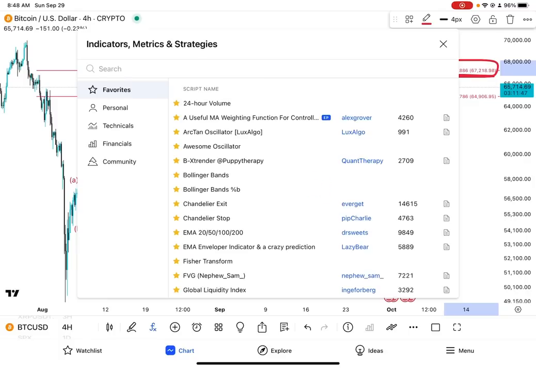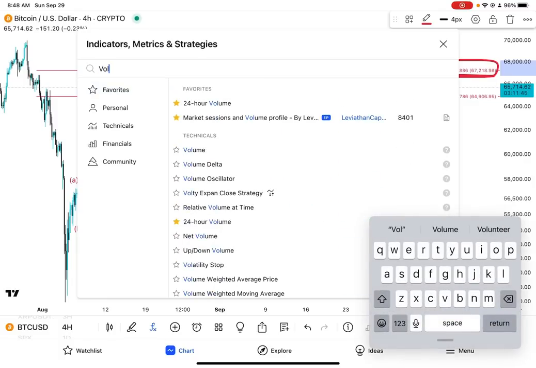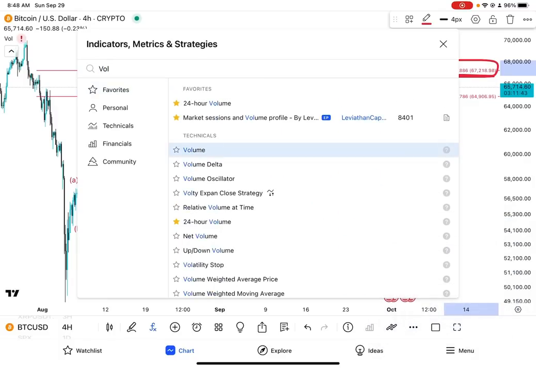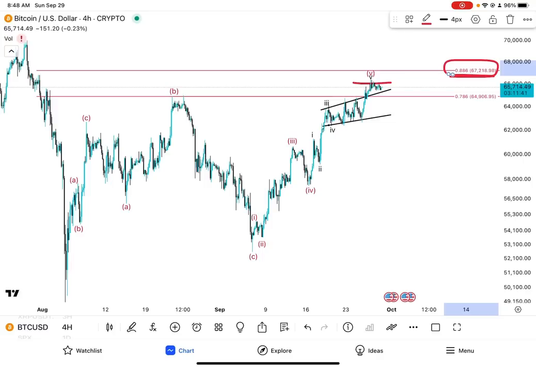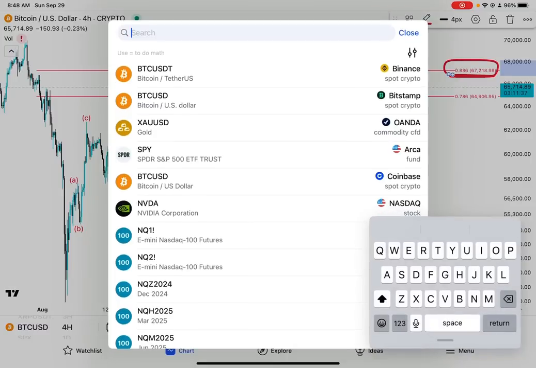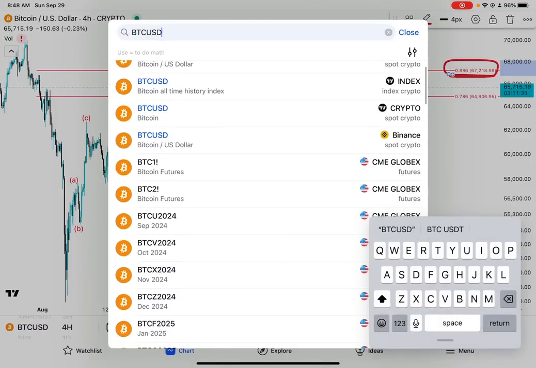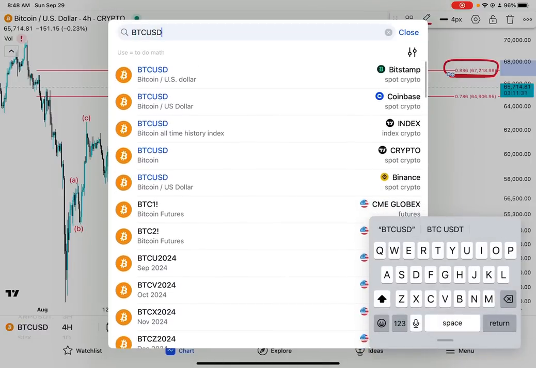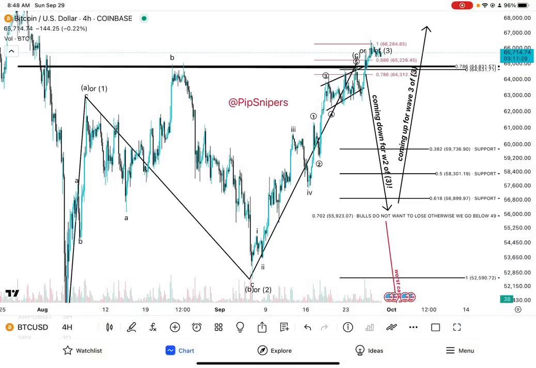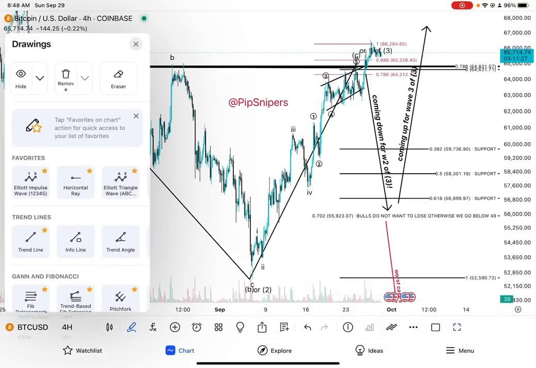Okay, so let's take a look here at the volume. Let me just add it over here. We'll take a look at it on another chart here, because this doesn't have the volume indicator.